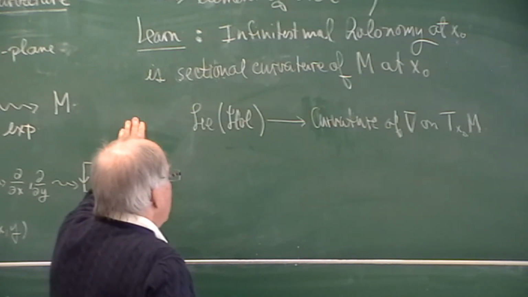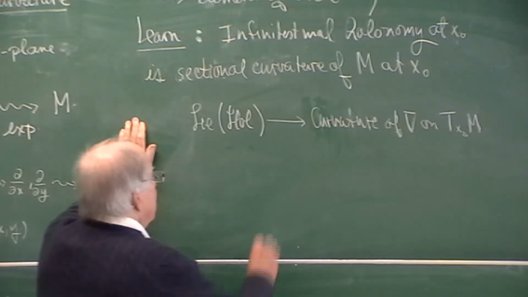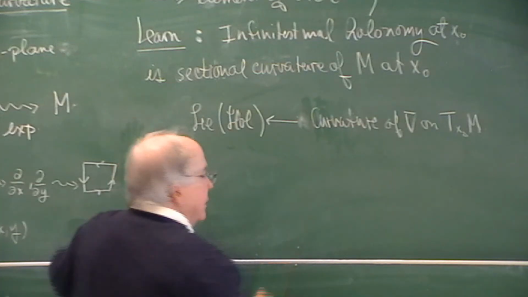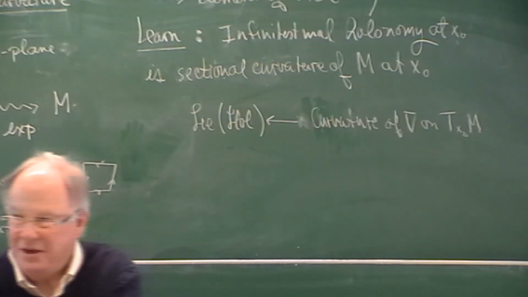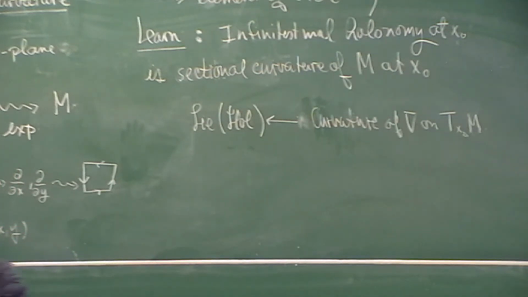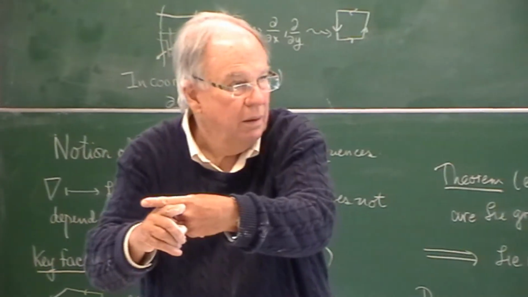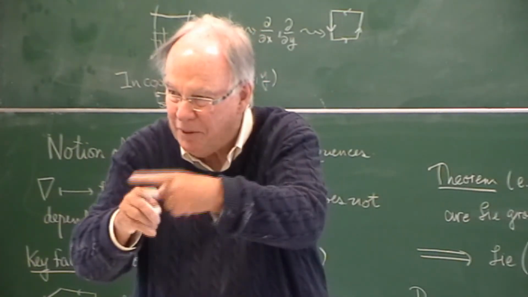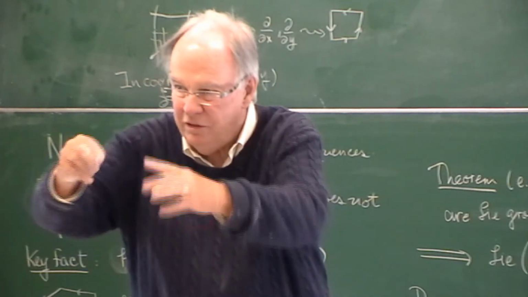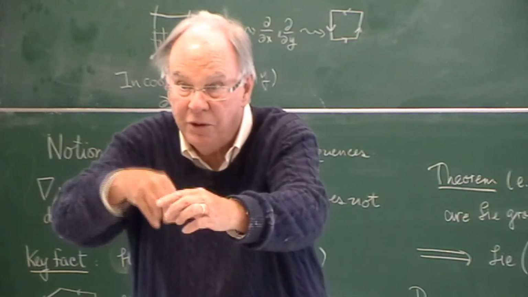And in fact, I've drawn the map the wrong way, have I not? Yes, I've drawn the map in the wrong way. Because I needed the curvature of the two plane. I take this two plane, I take this rectangle, I have this curvature at this point.